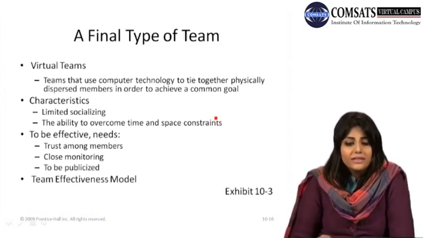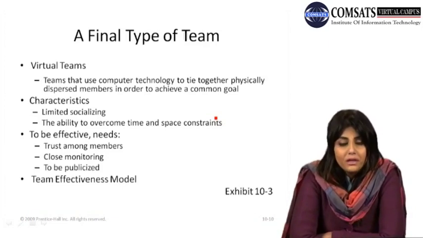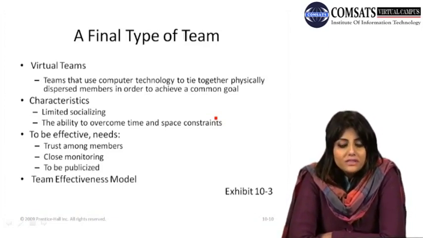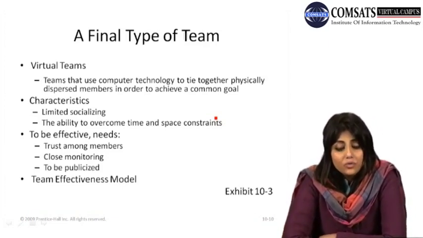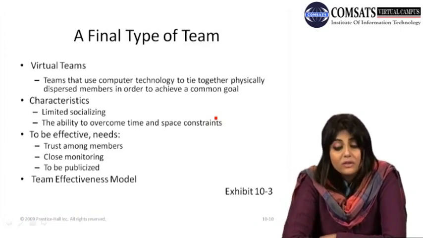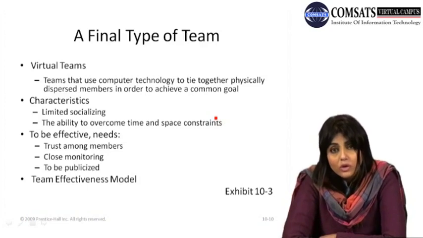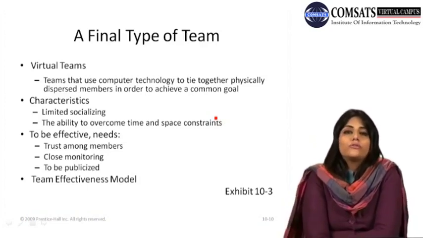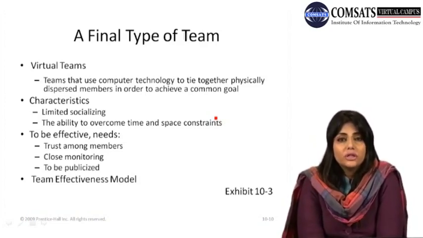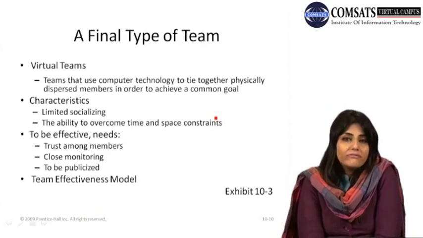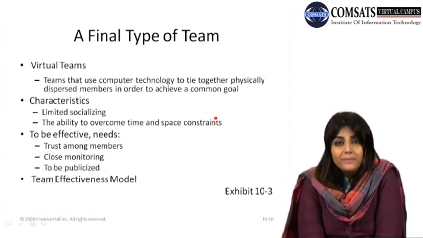Okay, then the final type of team, which is the virtual team. Virtual teams basically use computer technology to tie together physically dispersed members in order to achieve a common goal. So with the advancement of information technology, virtual teams have come into existence, right.